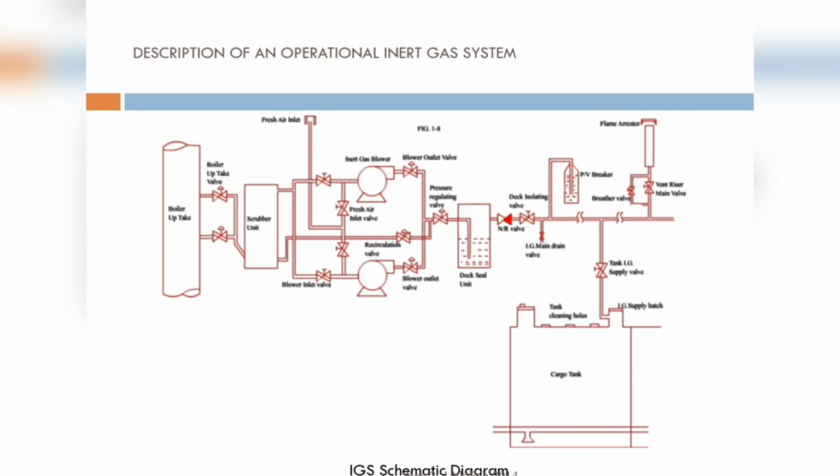These cargo tanks are not designed to take excess pressure, only 0.5 bar, so we cannot afford to have excess pressure. That is why so many safety devices are installed in the system to release the excess pressure in the cargo tank, so that it never reaches the pressure where it ruptures and damages the tank. That's how the inert gas system functions.